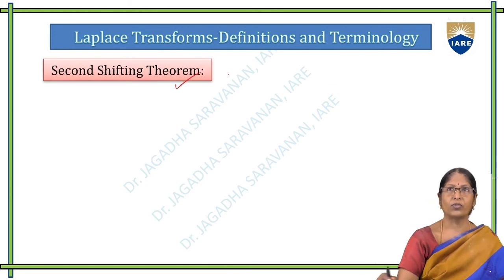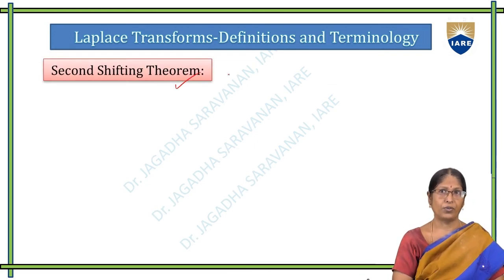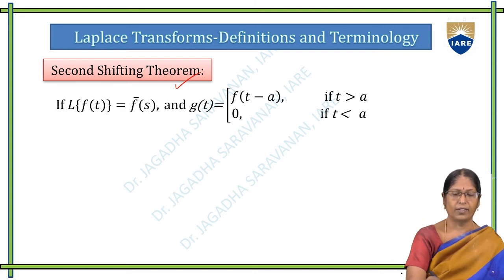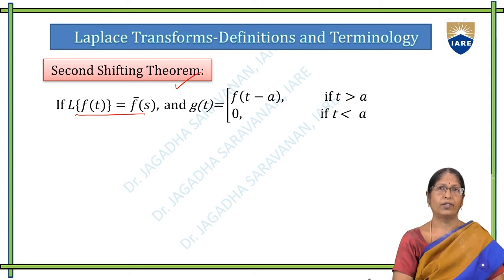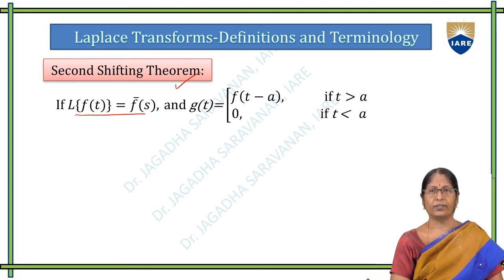Next, we can concentrate on our second shifting theorem. We know very well that L of f of t equals f bar of s. What is the difference between first shifting and second shifting? How are they defined? In a very simple way, in the first shifting theorem there is only f of t, only one function.